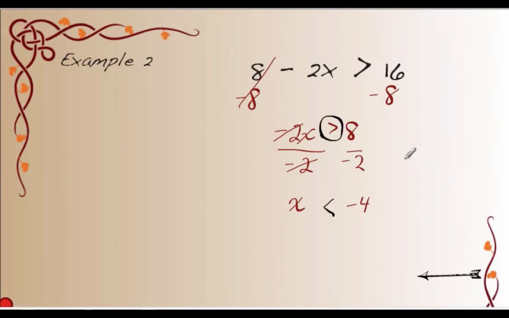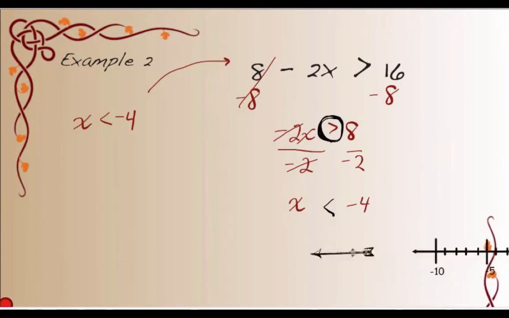Because when we multiply or divide by a negative, we're changing signs. And this is a sign also. So therefore, it must switch, just like this went from positive to negative, and this went from negative to positive. So we have to switch everybody. So what this has told me is that any x value less than negative 4 will make this inequality true.